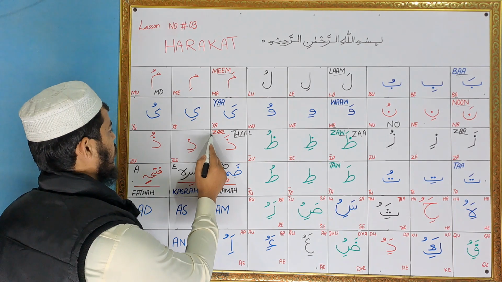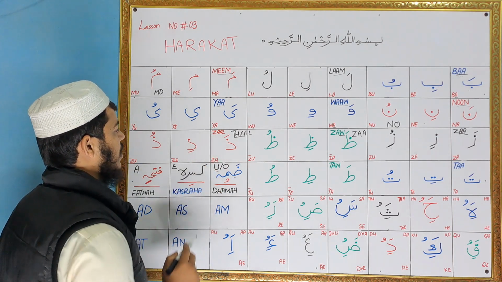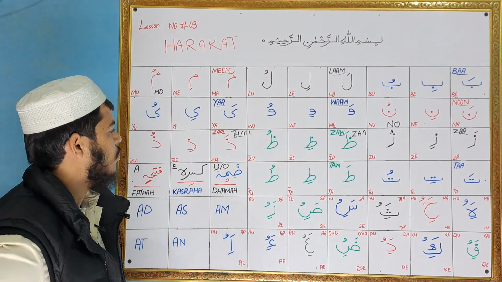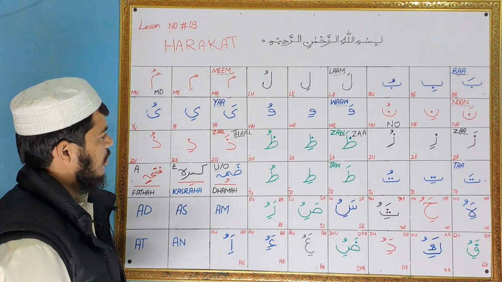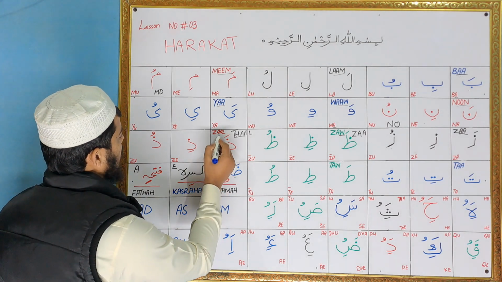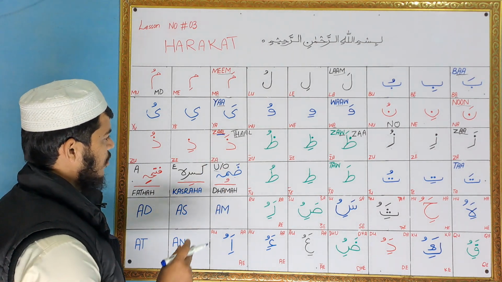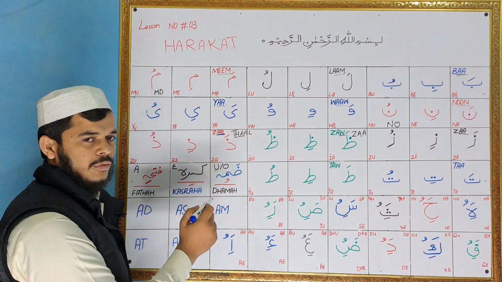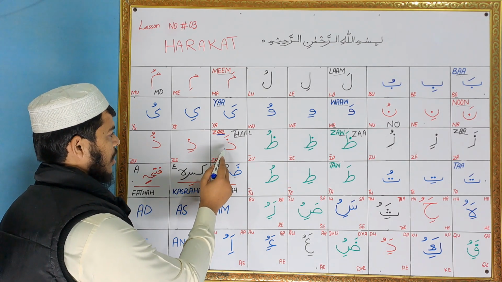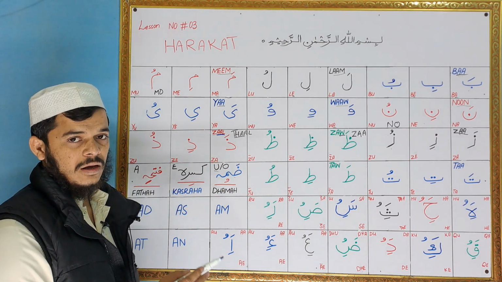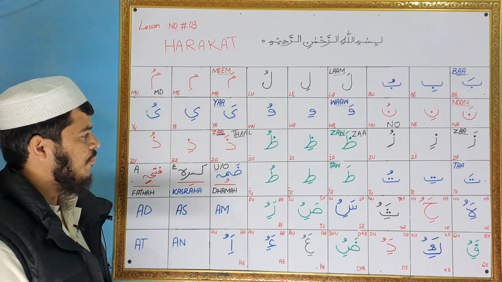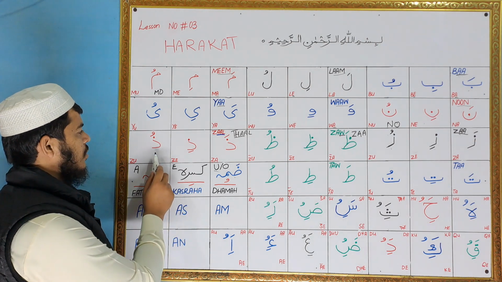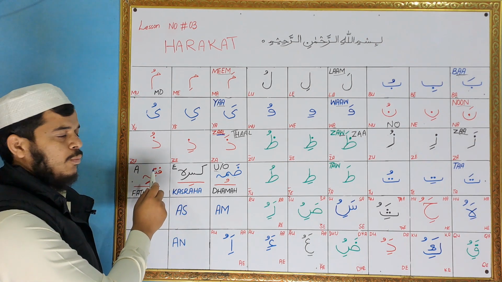You have to remember this Z letter gives a very soft sound, and we are going to replace this elongation sound, this double A and L sound, with whatever sign comes. So if fatha comes, we replace it with A sound. Zal fatha, za, very soft. Za. Zal kasra, zi. Zal dhamma, zu.